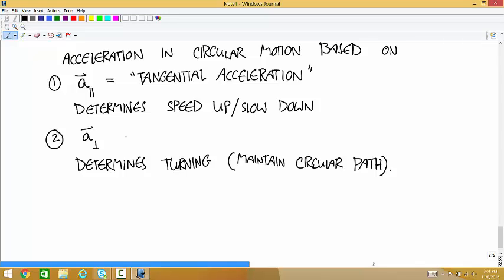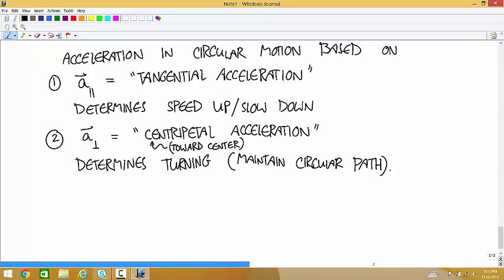And the perpendicular part of the acceleration we'll call the centripetal acceleration. Centripetal means toward the center. So that perpendicular part of the acceleration is always pointed towards the center of the circle.